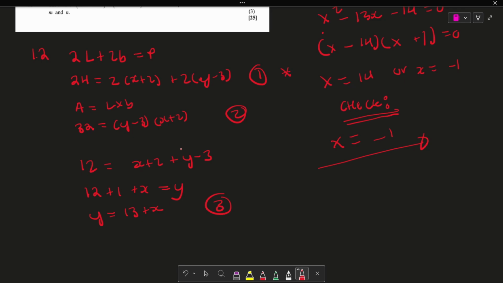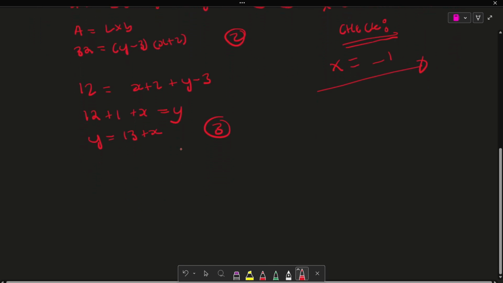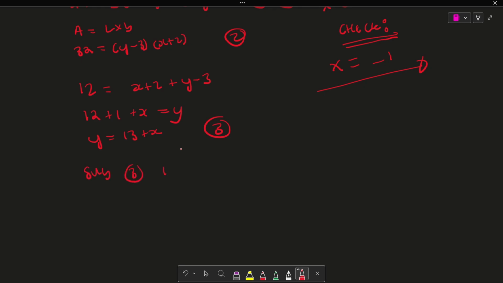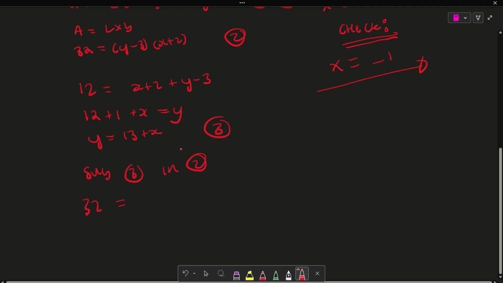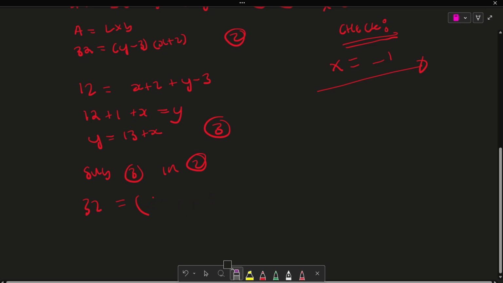Since I changed this one, I no longer refer to it. So now I can just substitute equation 3 into equation 2. We're going to have 32 is equal to (y minus 3) times (x plus 2). Okay, no, I changed y, so I need to substitute in y.